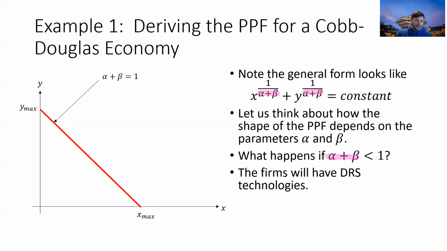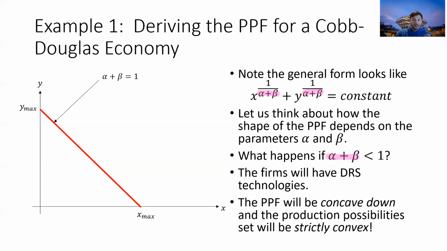But what that means is the production possibilities frontier will actually be bowed outwards, implying that we would have a strictly convex technology set. The area inside is a strictly convex set. Okay. That'll be important in a moment when we think about profit maximization, but I'm going to come back to that idea.